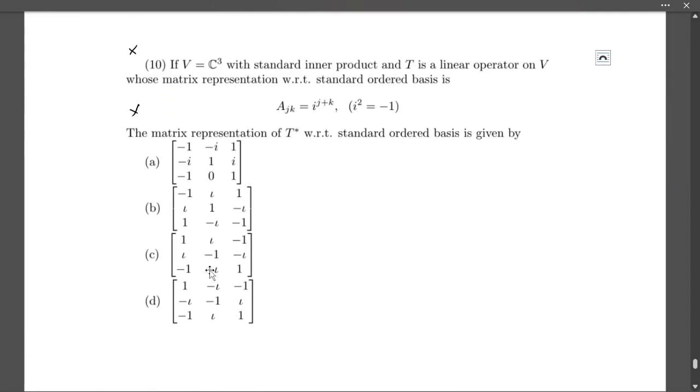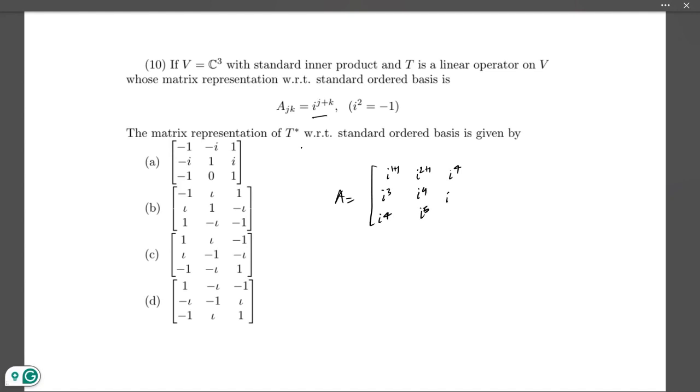Okay. So let's see the next question and then we'll be done. 10th question. V is an inner product space C3, A is the matrix representation whose entries are like this. So basically A has I power one position, so this is I power 1 plus 1, this is I power 2 plus 1, I power 4, I power 4 here also, I power 3, I power 4, I power 5, I power 5 here, I power 6 here.